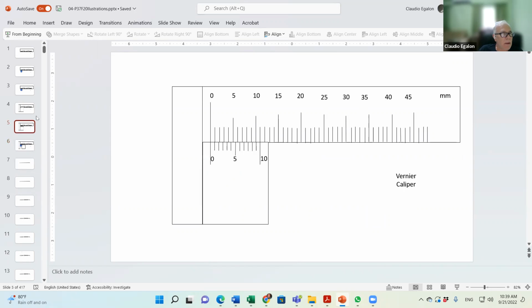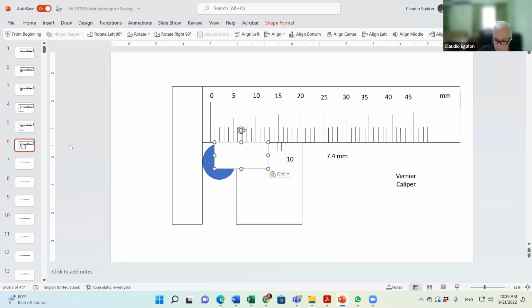What I want you to concentrate on for now is just the scale that shows the zero. Don't worry about the other scale that follows. So what we have here is just a fancy ruler that allows you to make more precise measurements of spherical objects.